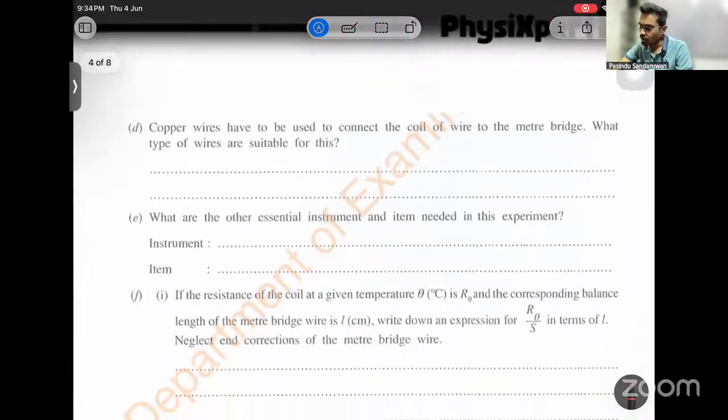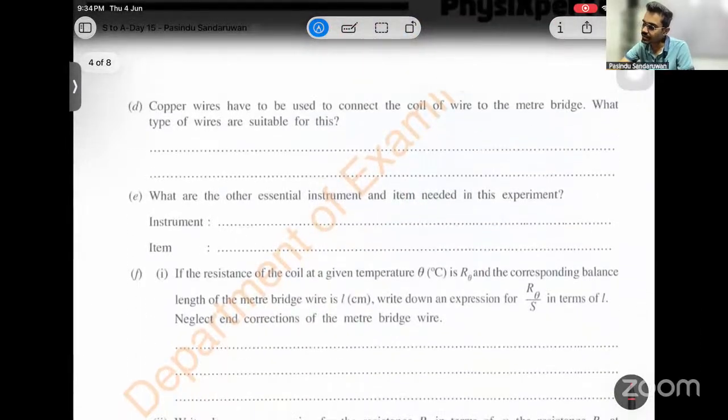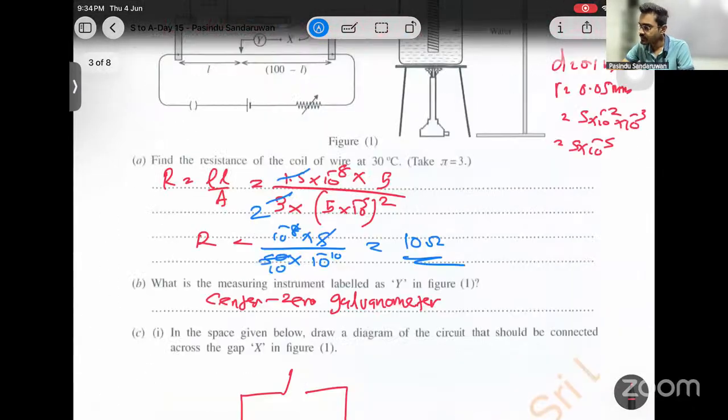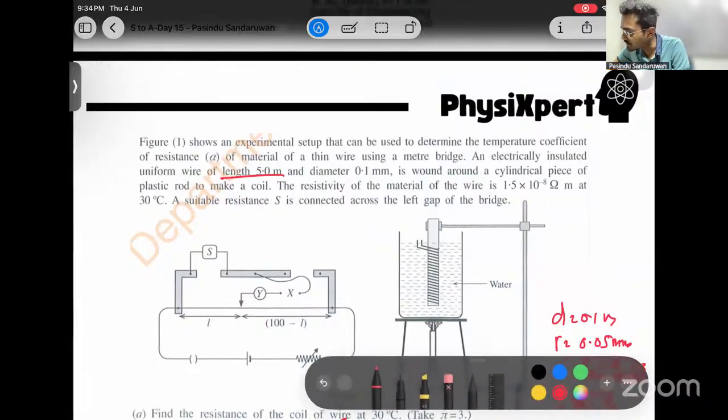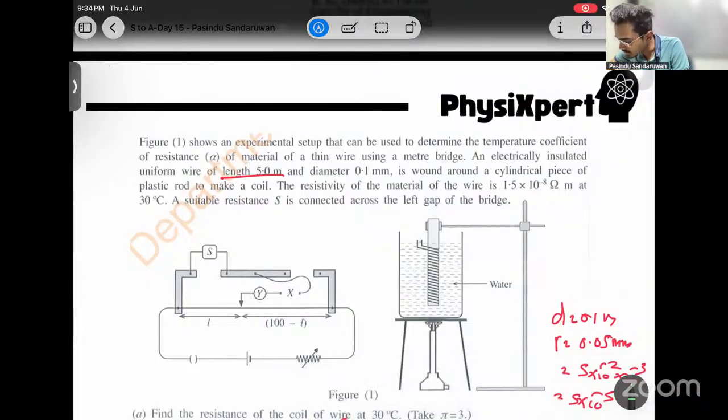Next, copper wires have to be used to connect the coil of wire to the meter bridge. What type of wires are suitable for this? Now this coil should be connected here like this, to this slot, something like this.